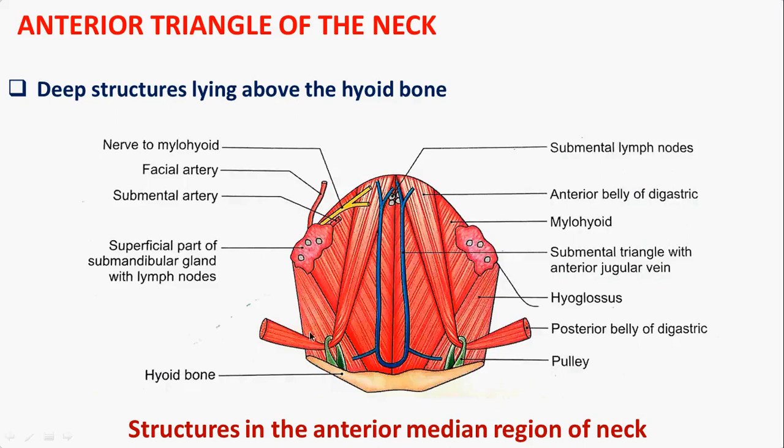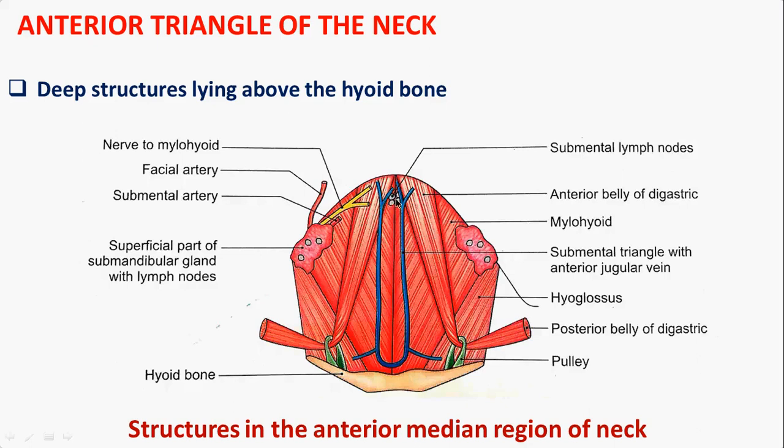Now, what are the other structures that you can see in the anterior median region above the hyoid bone? This is the mylohyoid muscle. Above the mylohyoid muscle you can see the anterior belly of the digastric.